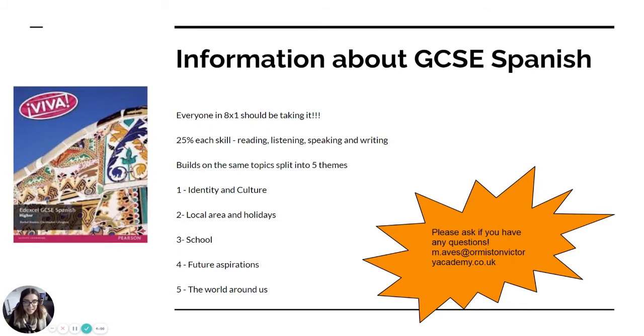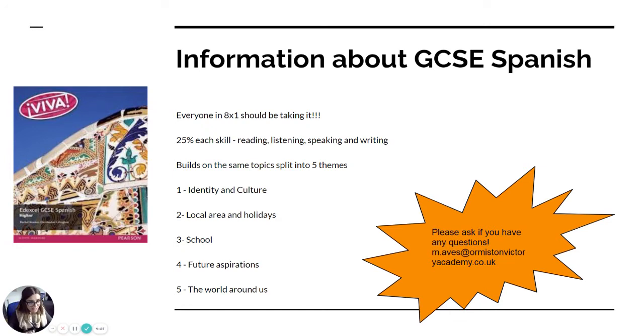You can see here that the 5 themes are identity and culture. That's things like family, friends, TV, sports, going out, food. Then we've got local area and holidays. So what's in your town, what you can do, where you go on holiday, where you went on holiday, different countries, different types of accommodation. That all comes up in theme 2. Theme 3 is school.